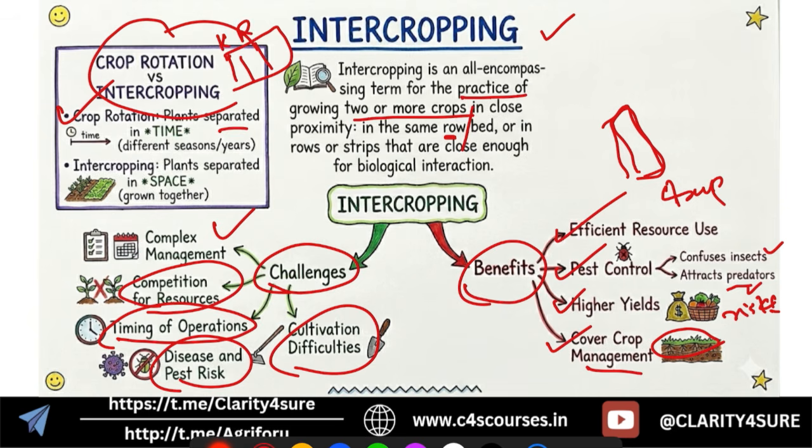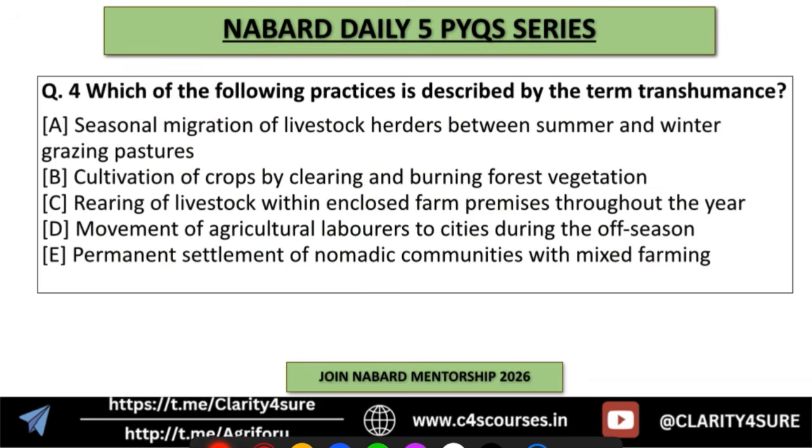You will take one crop in Kharif, one in Rabi and one in Zaid. But intercropping is about dividing the field. You will plant wheat here, then maybe maize here. So the plants are separated in space, and they are grown together in the same field at the same time. This is the difference between crop rotation and intercropping.